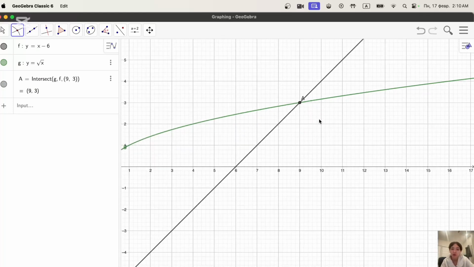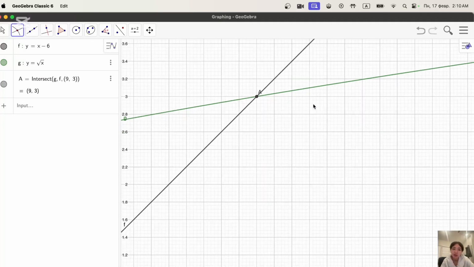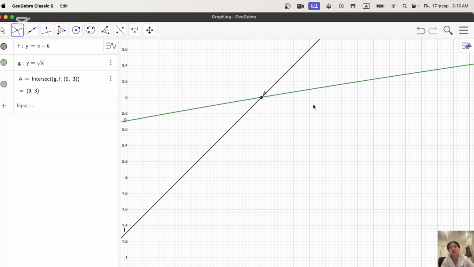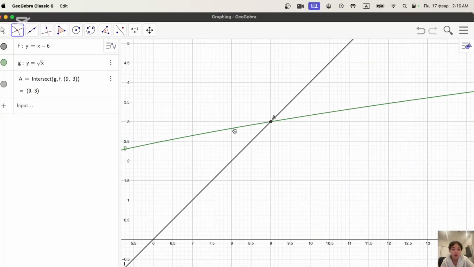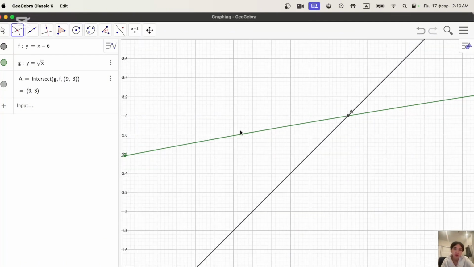Put it here. The valid intersection is, we can see for x is 9 and for y we could see it's 3. The valid intersection is 9 and 3.